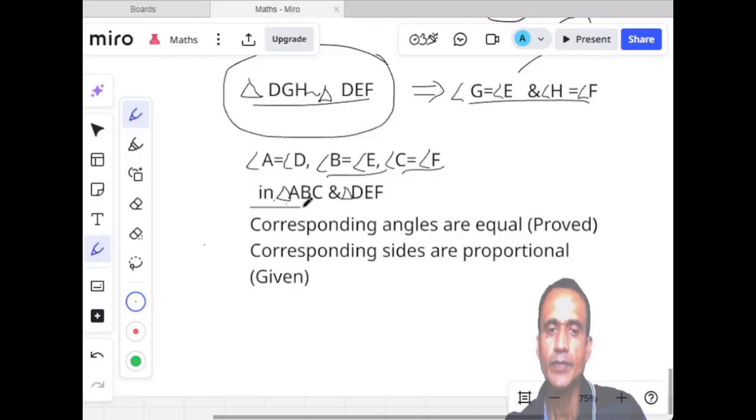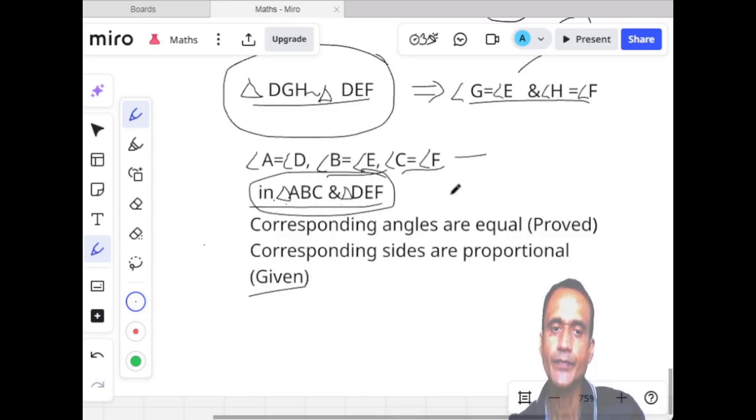So in triangles ABC and DEF, corresponding angles are equal. This we have proved here. And corresponding sides are proportional. This is given. Hence these two triangles are similar.